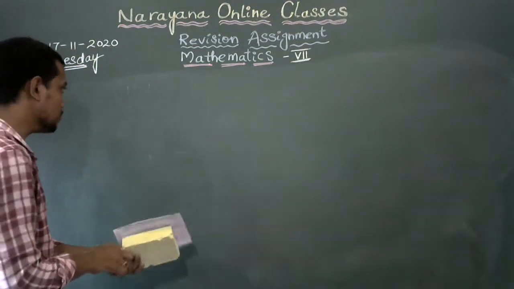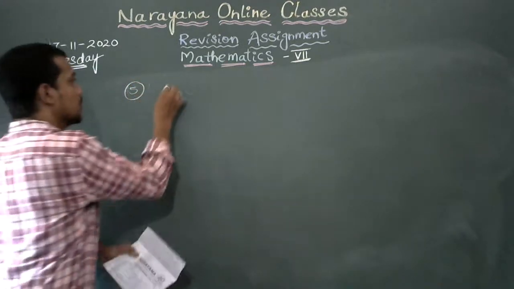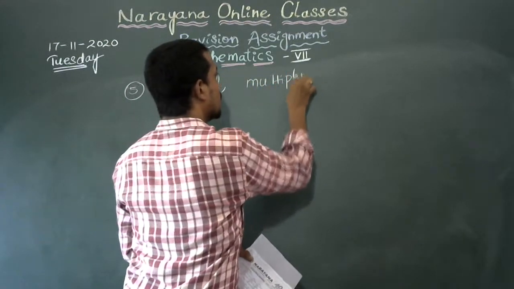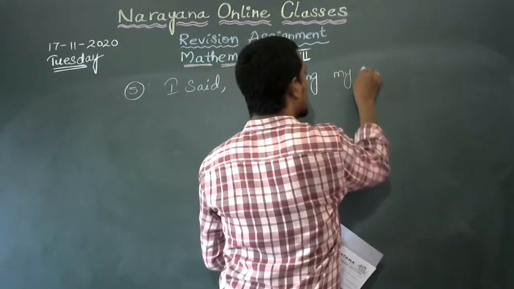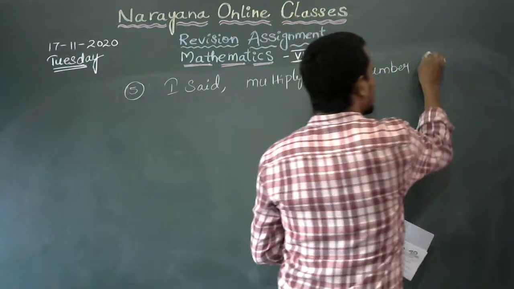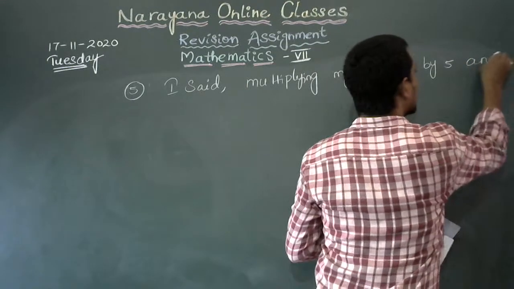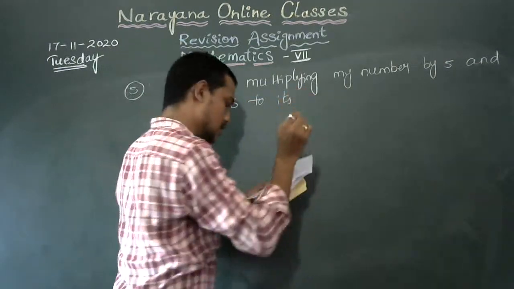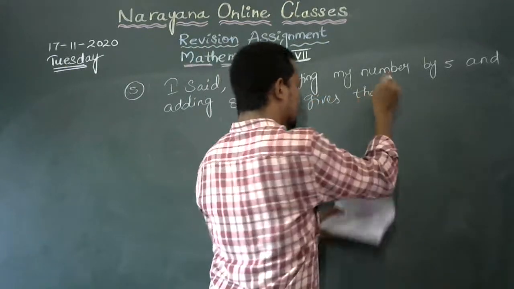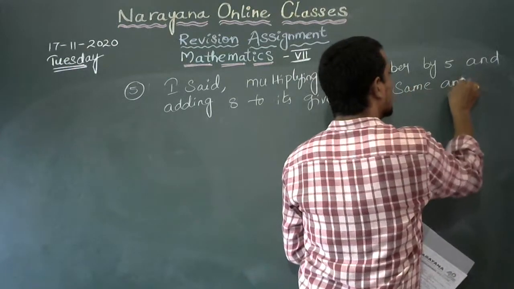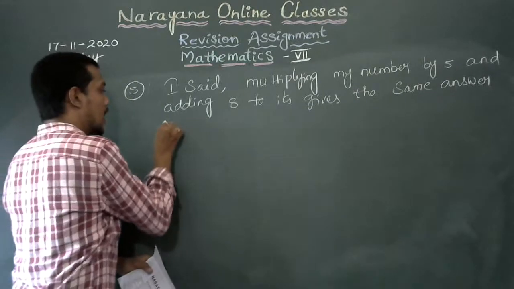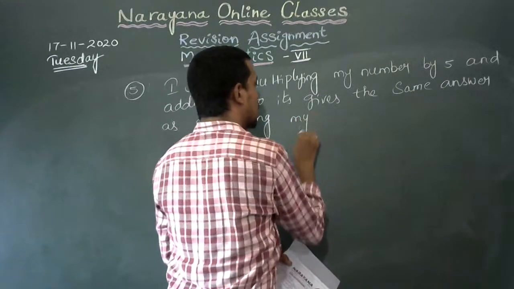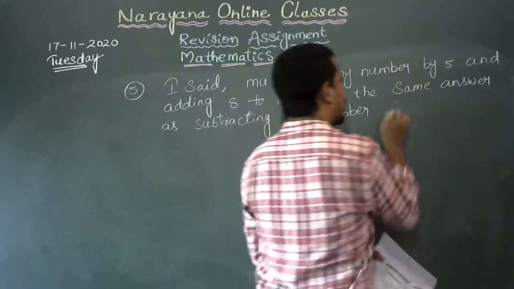Now fifth question. I said, multiplying my number by 5 and adding 8 to it gives the same answer as subtracting my number from 20.